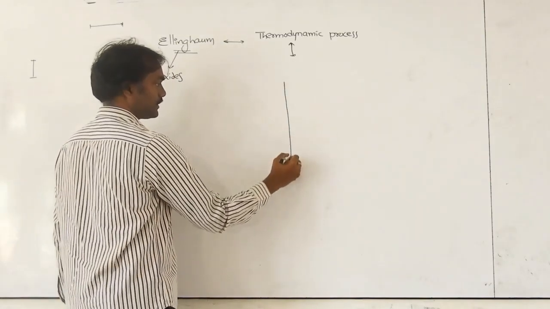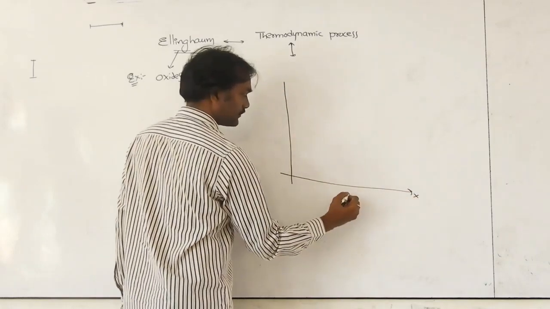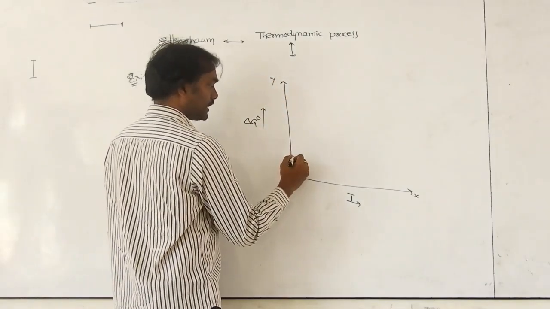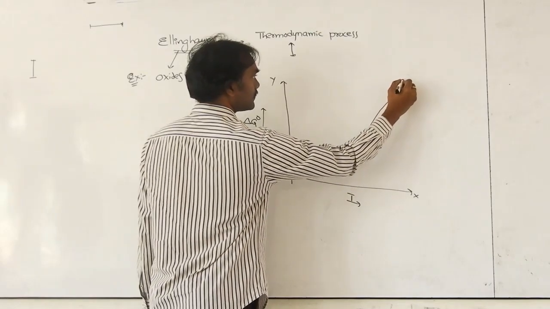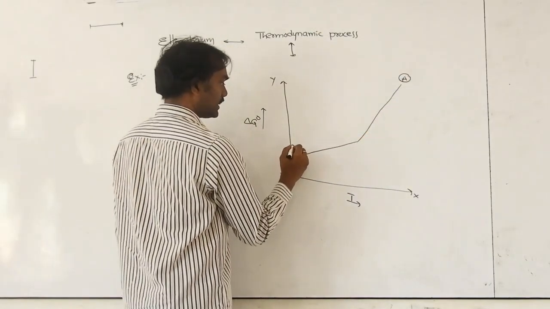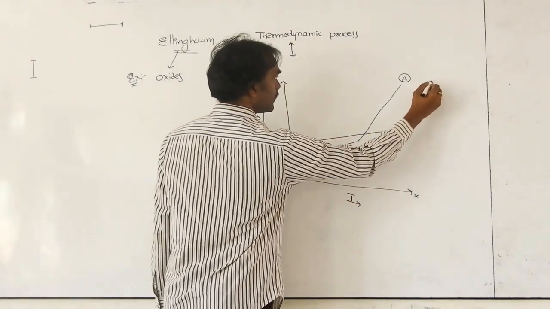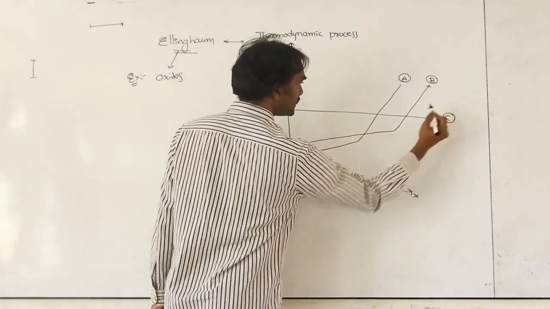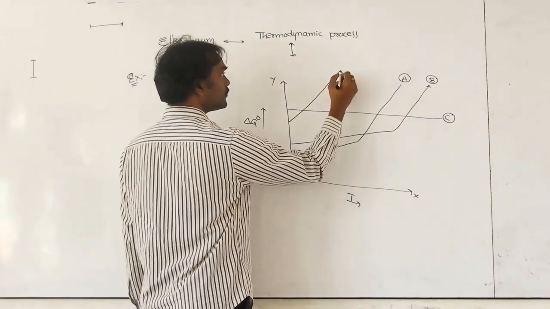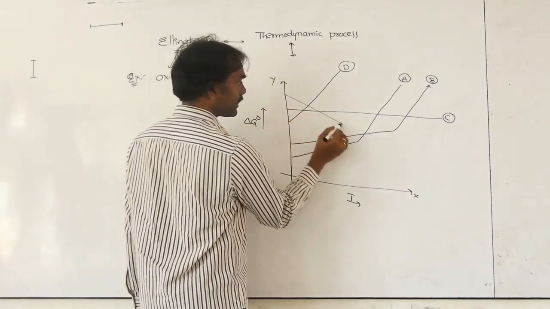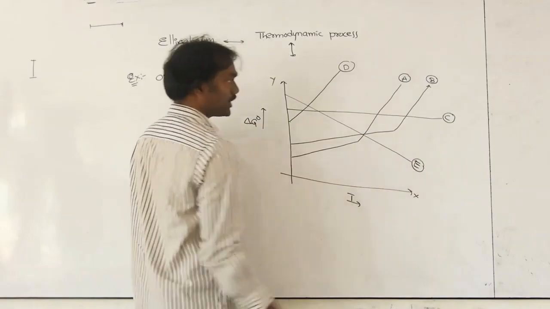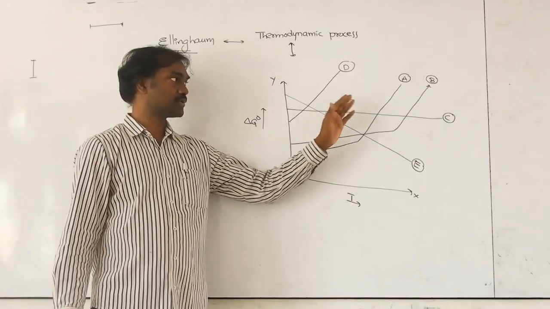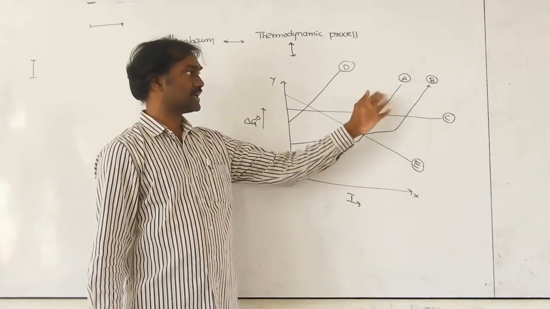We take temperature on the x-axis and delta G naught on the y-axis. Here metal A becomes its oxide, next another metal B, next some come as a straight line, that is C. Next, some go positive only, D. Next, some come negative, so E. Like that you take many combinations: metal to metal oxide, carbon to carbon dioxide, carbon to carbon monoxide, carbon monoxide to carbon dioxide, and any other metals.